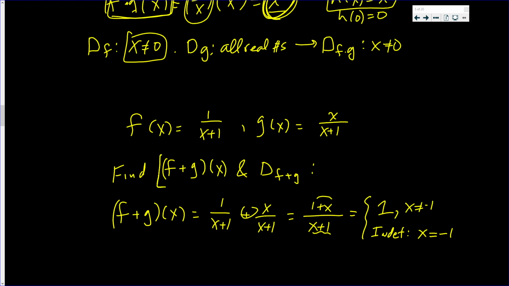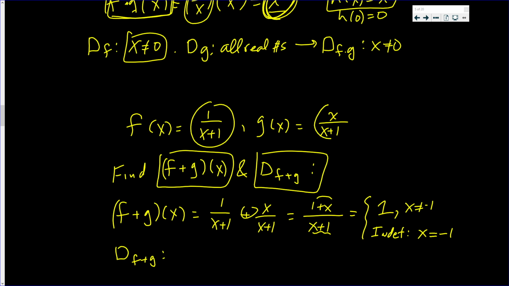So we answered this. But the question is, did we really? You should always include the domain. What is the domain of f plus g? Well, you can't add these two if one or both make no sense.